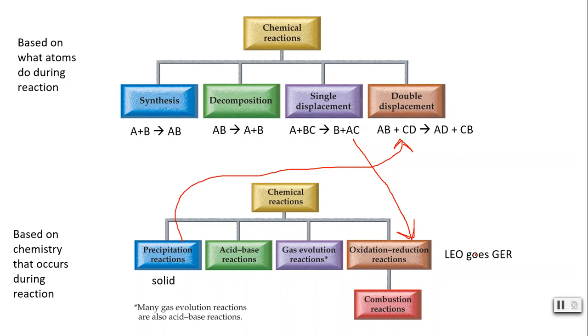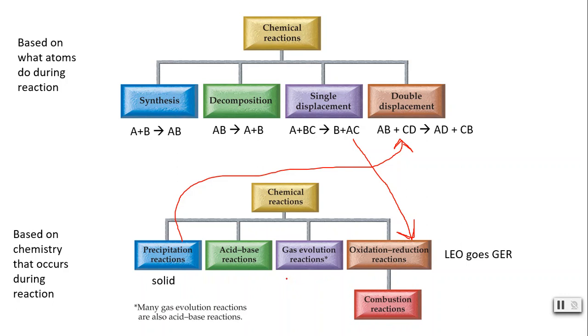So the point I'm trying to make in this slide, aside from reviewing, is to show you that many times a reaction can be classified in more than one way. You can have a single displacement reaction also be an oxidation reduction reaction. So you should feel comfortable being able to classify a chemical equation in more than one way.